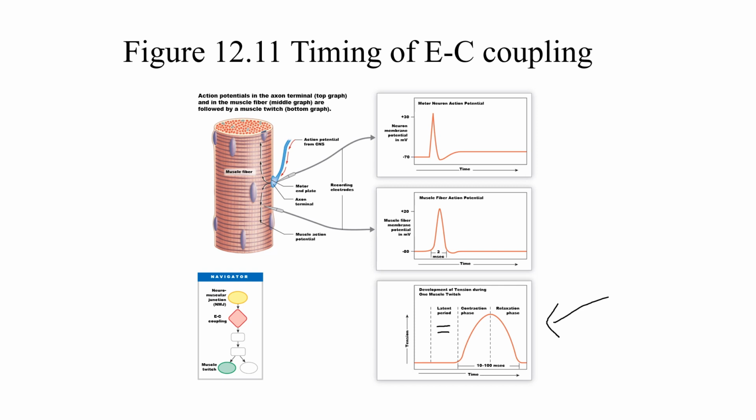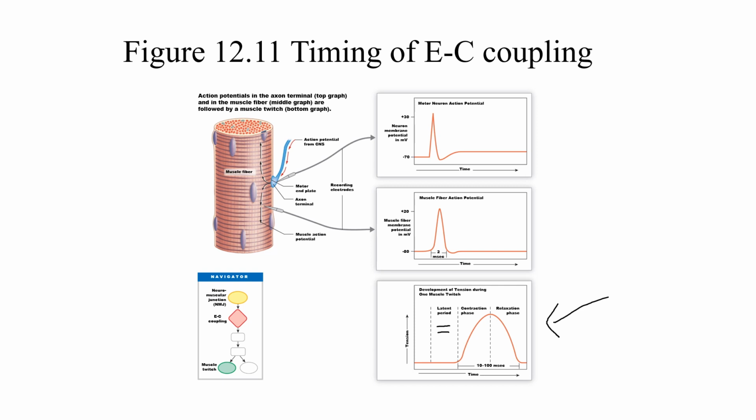The latent period is basically the steps happening during our excitation-contraction coupling. So the action potential is going down the T tubules, and the sarcoplasmic reticulum is releasing calcium through the ryanodine channels opening up.